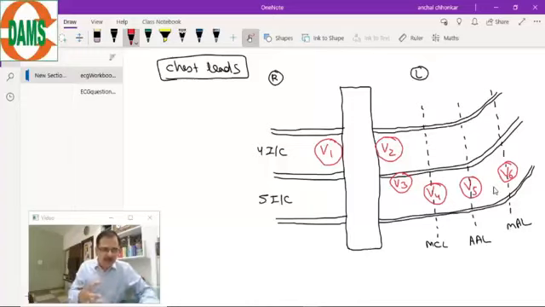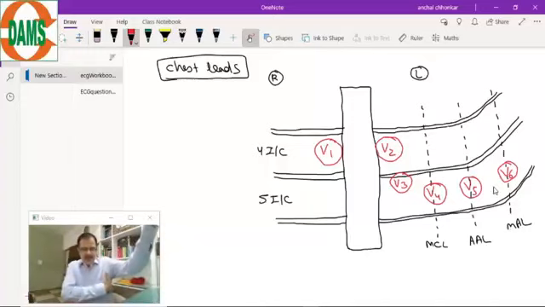For example, if you can see the axilla, here is the lateral wall of the heart.